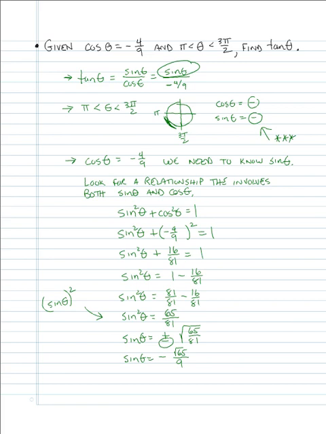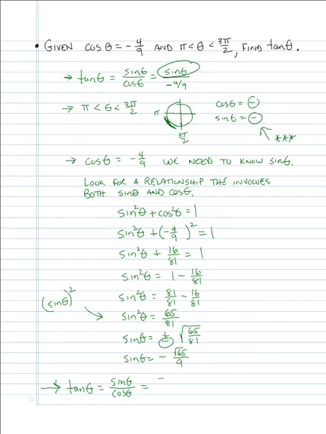Now, what was it we were trying to do? We were trying to find the tangent of theta. And we said, okay, so now we're about to finish out. We know that the tangent of theta, that was the missing part, is the sine of theta divided by the cosine of theta.